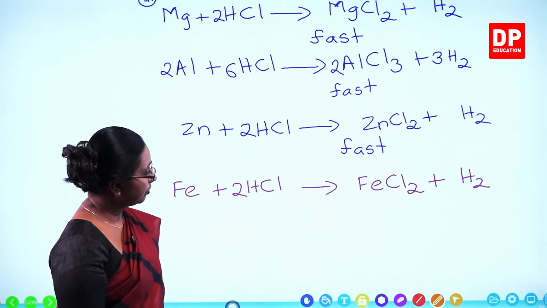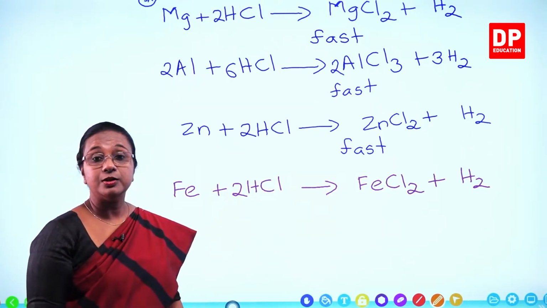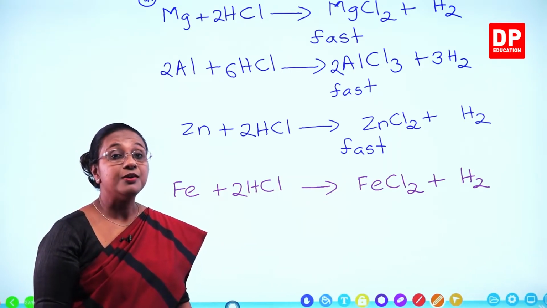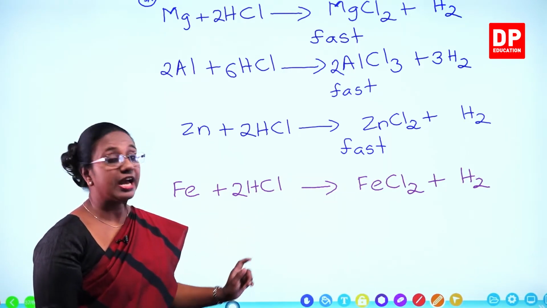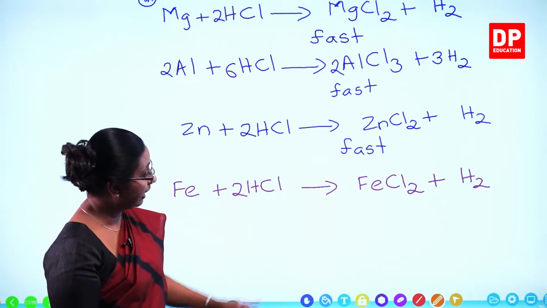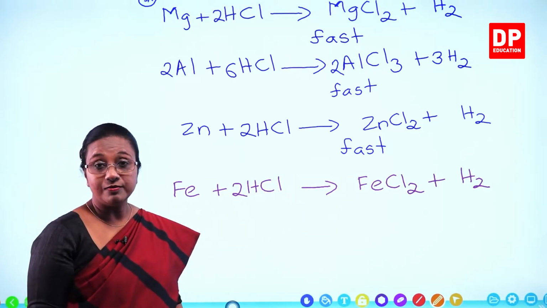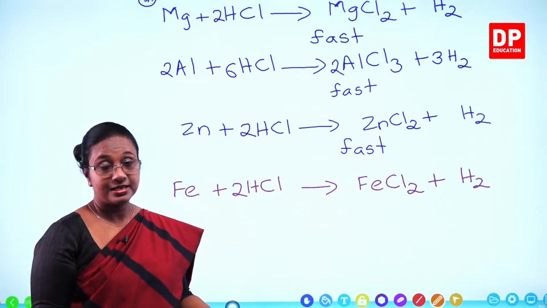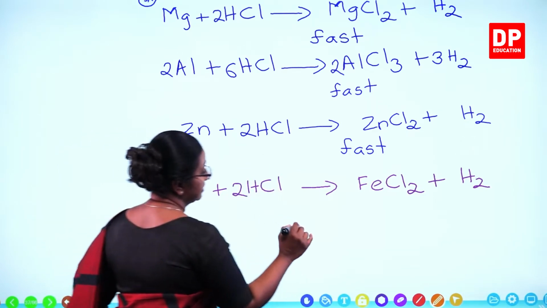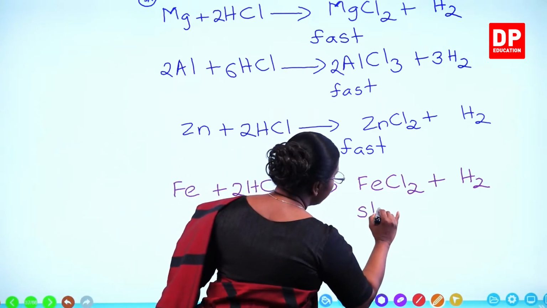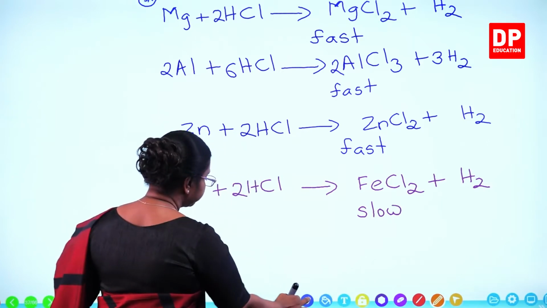Iron with hydrochloric acid, you can remember Fe2+ ions, we call it ferrous. So, ferrous chloride or iron chloride is okay. Ferrous chloride, liberating hydrogen gas. Then what happened in this reaction? This was a slow reaction.